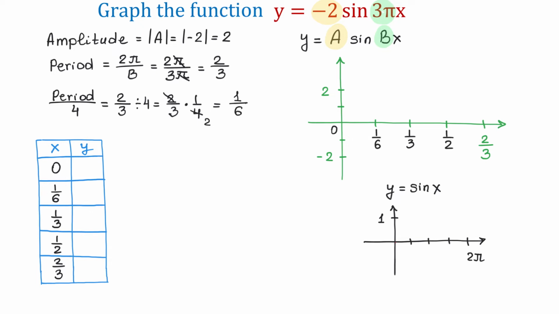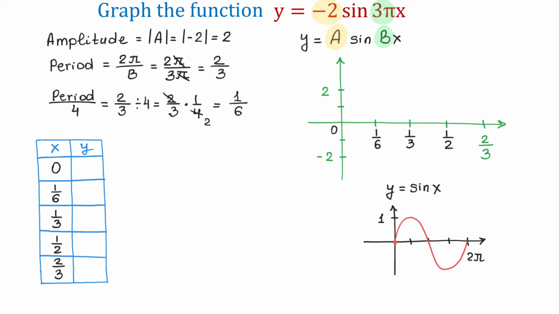The function passes through the origin, and first it goes up to +1, then back to 0, then down to -1, and then again to 0. So the sine function passes through the origin, and if in front of sine we have a positive number, the graph will go up. But if in front of sine we would have a negative number, then from the origin the graph would go down.